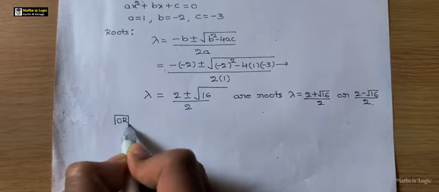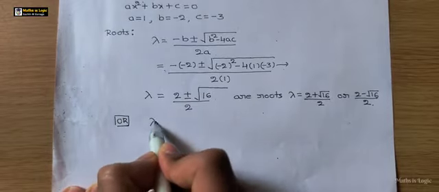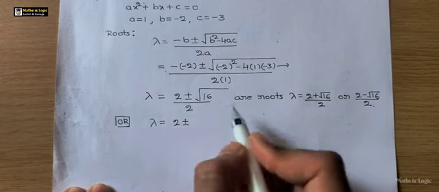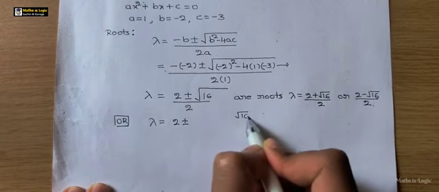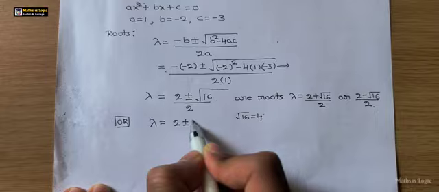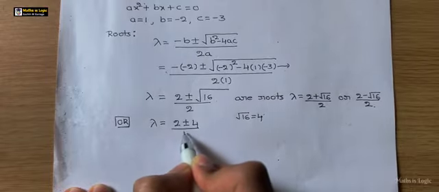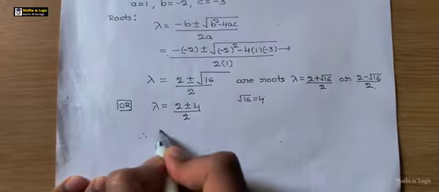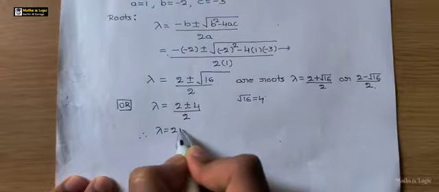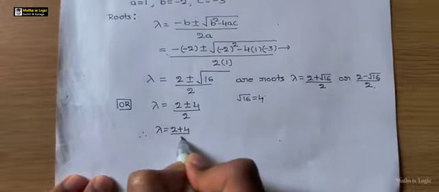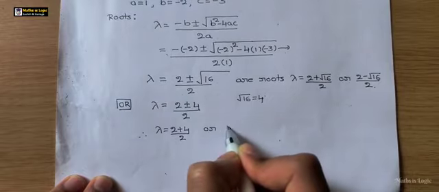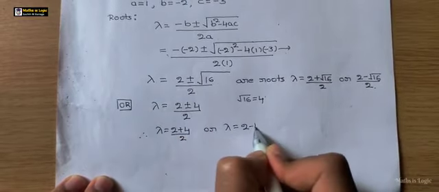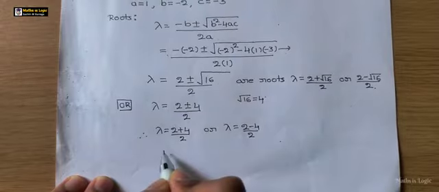Or if you want to simplify further, what we need to do, lambda keep it as it is, 2 plus or minus, we know square root of 16 is nothing but 4, so write here 4 divided by 2. Therefore one is positive value, 2 plus 4 divided by 2, and another one is negative value, so 2 minus 4 divided by 2.